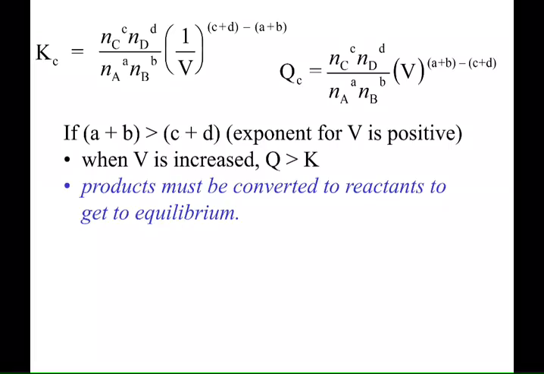I know, it's a lot of hokey dokey math stuff. So if it's positive, then we said if your Qc is larger than your Kc, you have too many products, and your products need to split up to form their reactants again.